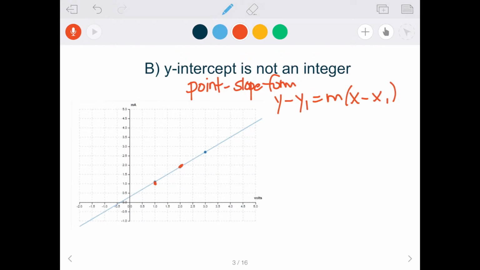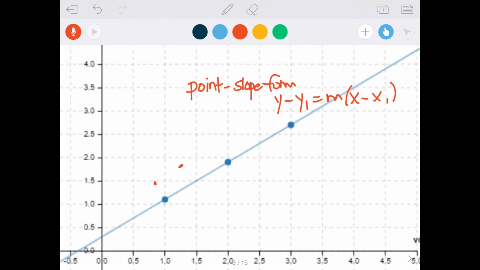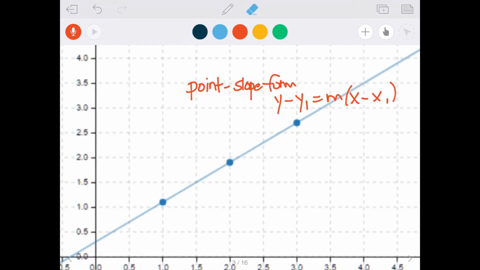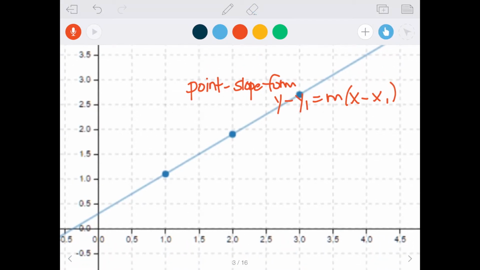And I need to do rise over run. Now here's where we have to be careful. And let me zoom into this again. My dots are probably not going to stay, but that's okay. I'll erase those. You must look at the notations on the x and y axis to know how many up you're going and how many over you're going. A lot of you would start here to here and you would count up 1, 2.